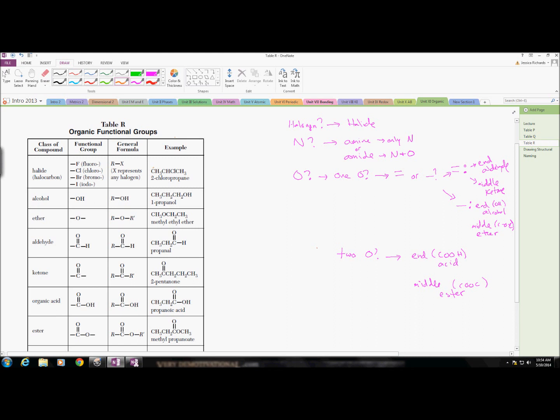Each of the carbons is a carbon in a chain, and they tell you what's on it. So this carbon has 3 hydrogens. This carbon has a hydrogen and a chlorine. This carbon has 3 hydrogens. So if you were to draw that, CH3, CHCl, CH3. So the expanded molecular is telling you what to do in each part of the chain.